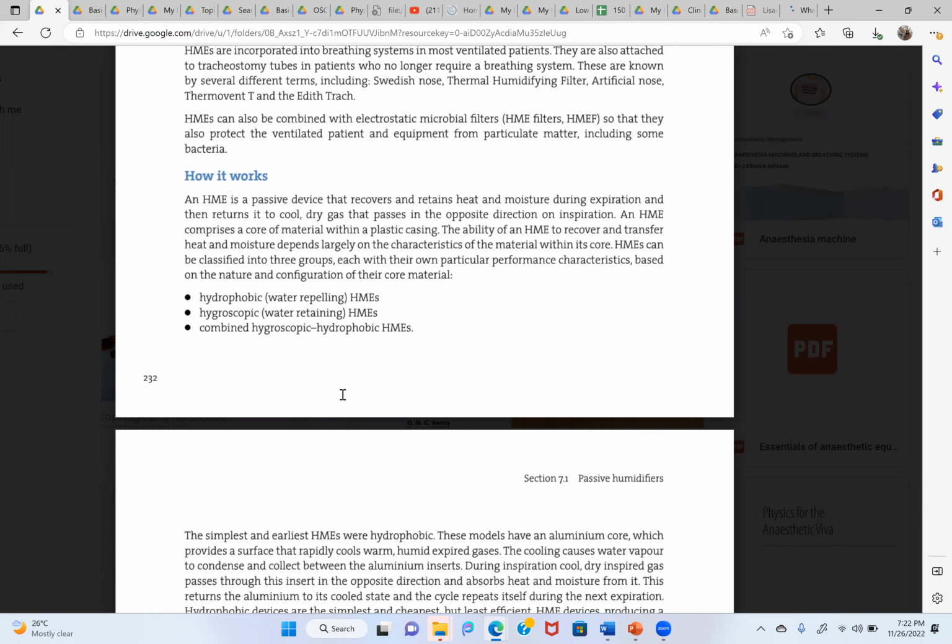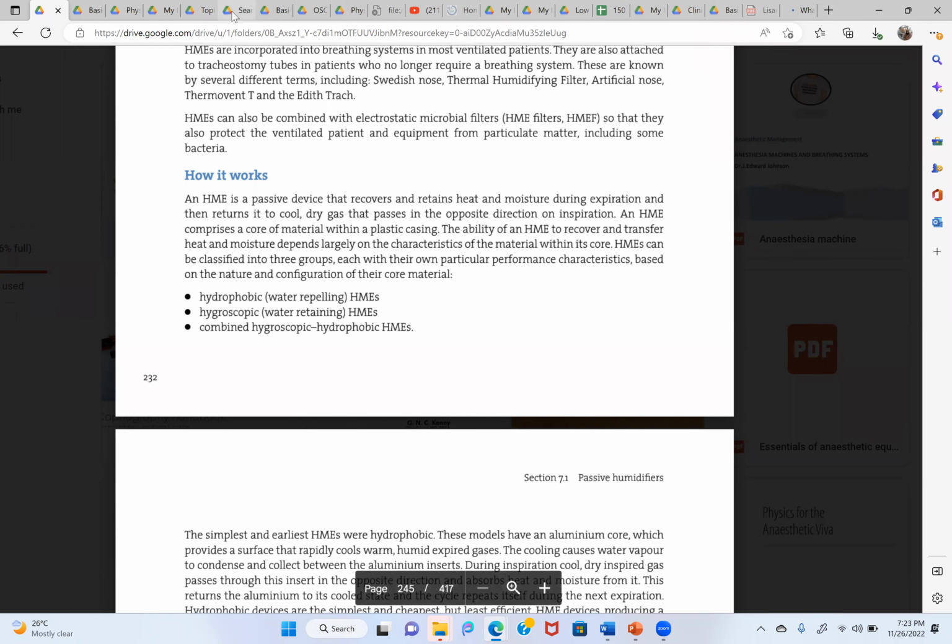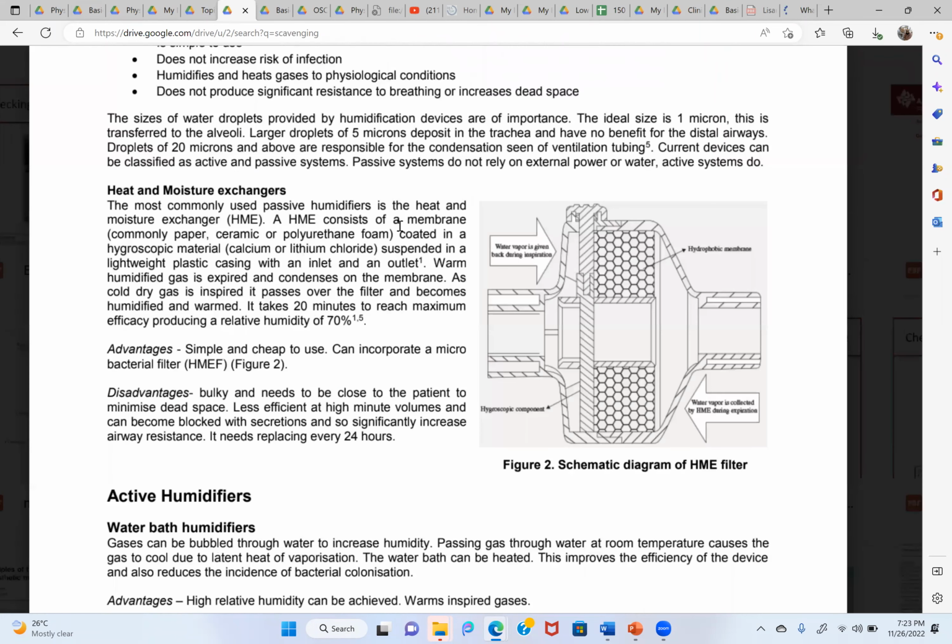One side of this filter will have hygroscopic material, on the expiratory side. It will take the water, and it will be transferred to the other side, which is the repelling side, so the air which is coming will take that water. This is the working principle of this system.